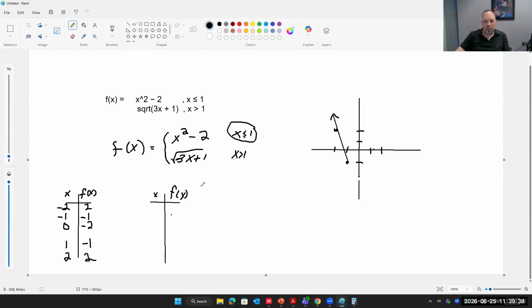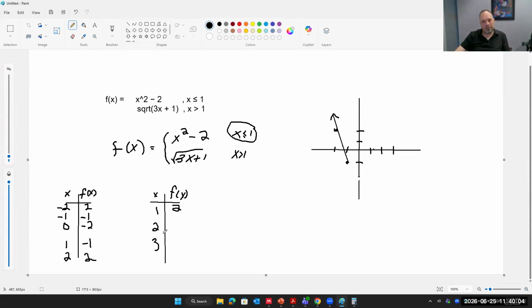And for that one, I'm just going to start at the 1, and we'll just go maybe to 3. So when x is 1, this is 3 times 1 plus 1. That's 4. Square root of 4 is 2. You double check that. Yep.